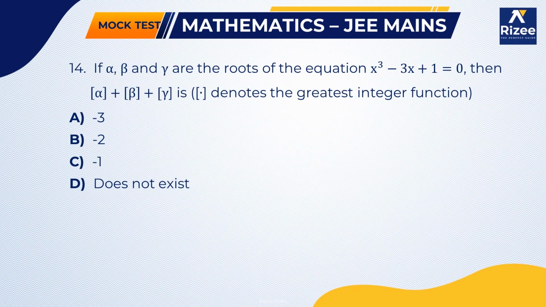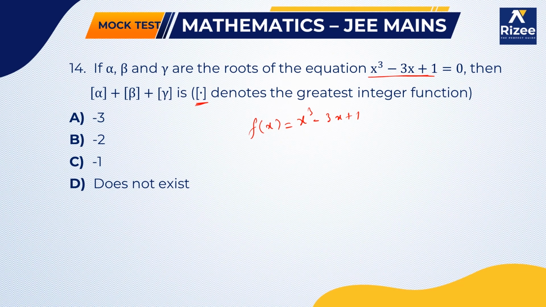Next question. If alpha, beta, gamma are the roots of the polynomial equation x cube minus 3x plus 1 equals 0, then the sum of the greatest integer function of alpha, beta, gamma. Here the brackets denote the greatest integer function. f of x is equal to x cube minus 3x plus 1.